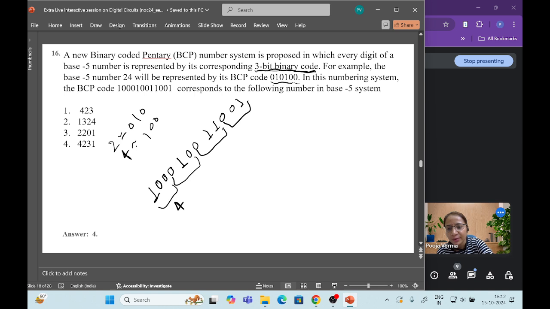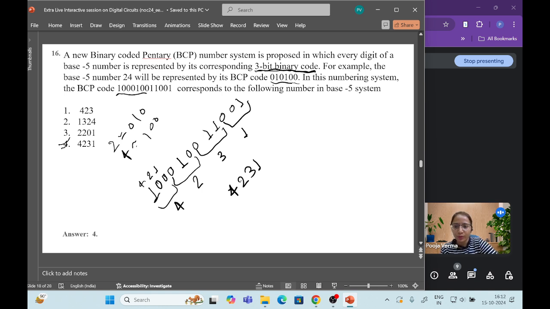That means it is 4, 2, then 3, and then 1. So the corresponding base 5 number is 4231 for this BCP code. Option 4 is the correct answer for this question.